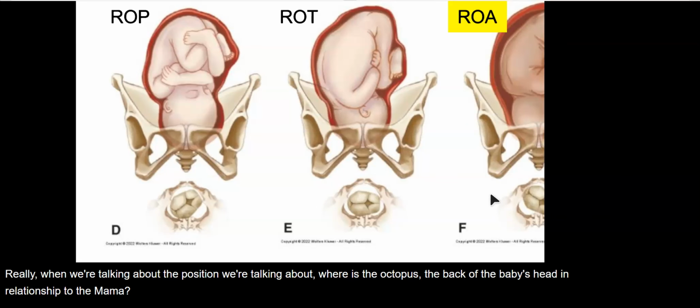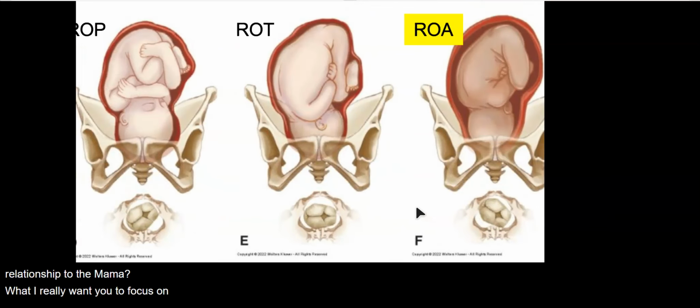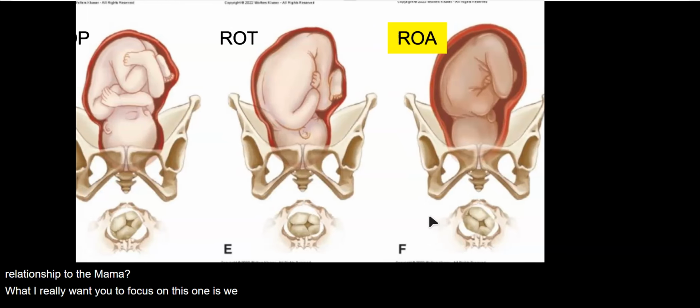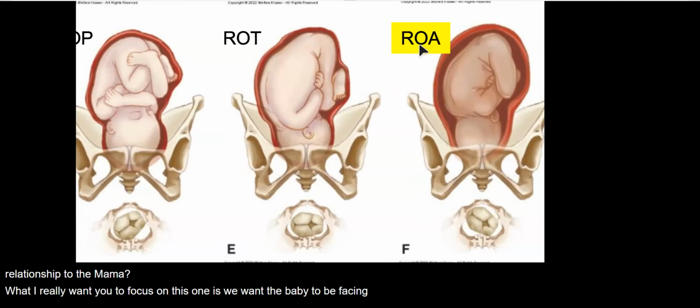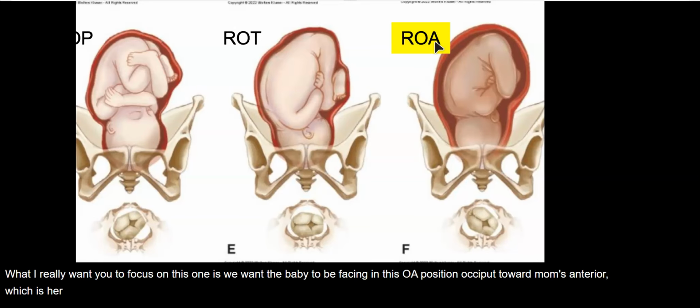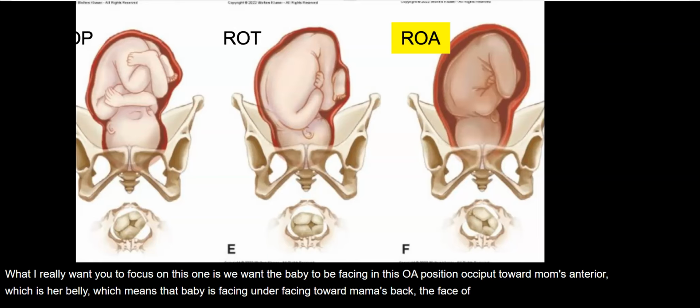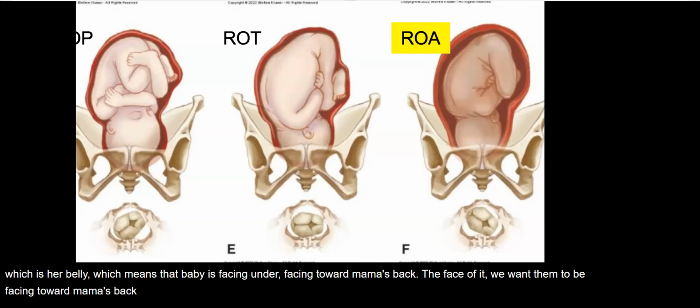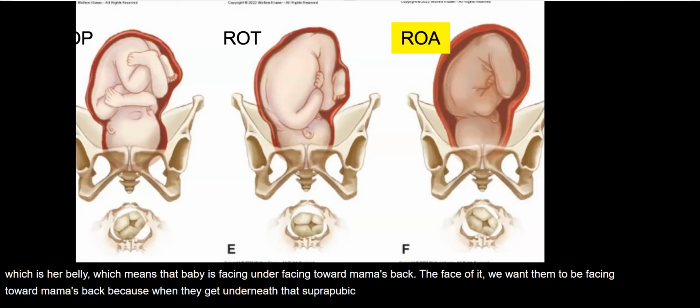What I really want you to focus on is we want the baby to be facing in this OA position, occiput toward mom's anterior, which is her belly, which means that baby is facing toward mama's back. We want them to be facing toward mama's back because when they get underneath that suprapubic bone, it's like crawling under a fence.